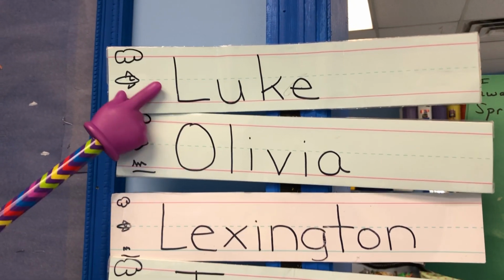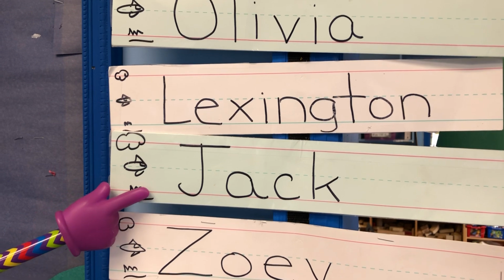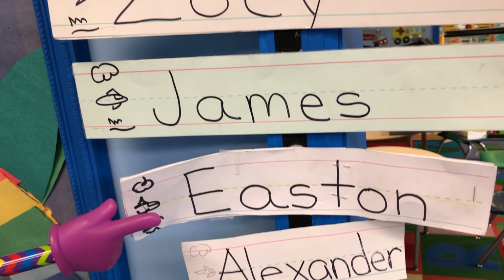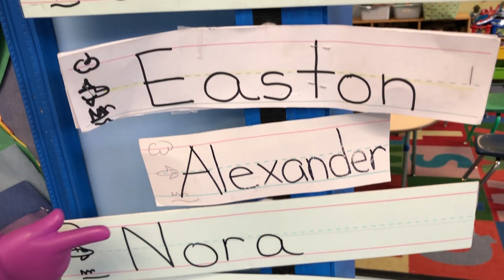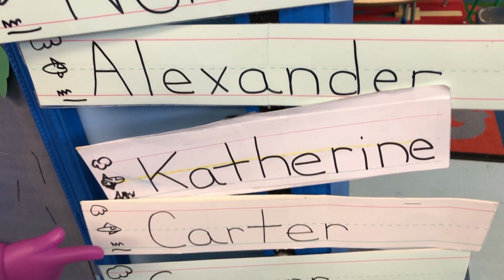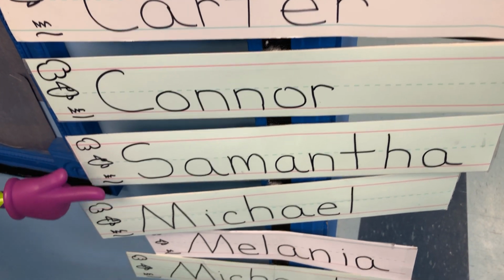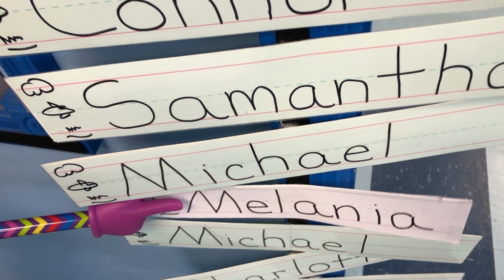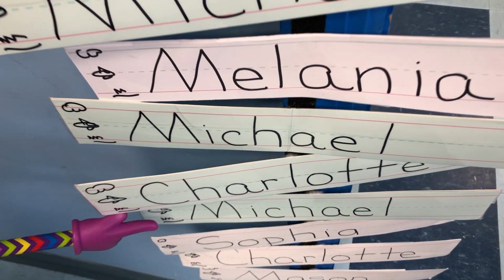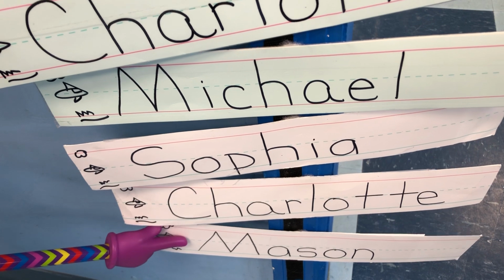We have Luke, Olivia, Lexington, Jack, Zoe, James, Easton, Alexander, Nora, Alexander, Catherine, Carter, Connor, Samantha, Michael, Melania, Michael, Charlotte, another Michael, Sophia, Charlotte, and Mason.